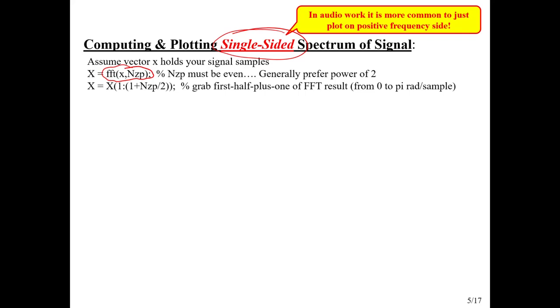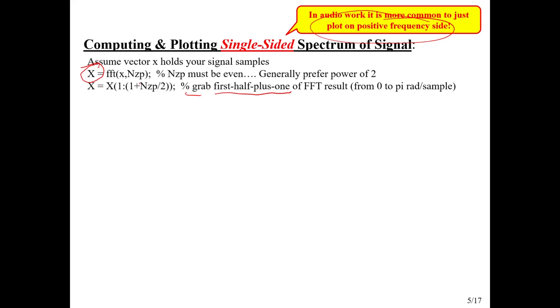Now remember, because there's no FFT shift, the first half of this vector is all the positive frequency components. And the second half of that vector, and I'm using half a little loosely here, I'll comment on that in a minute, is the negative frequencies, which we're throwing away because we only want the positive ones. So I say grab the first half plus 1, right?